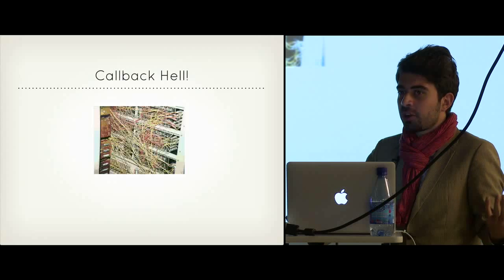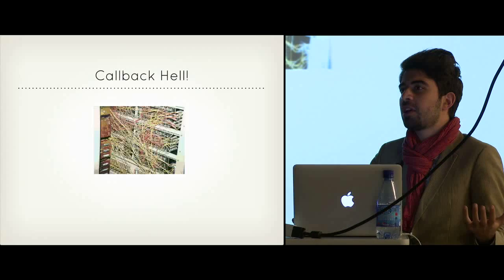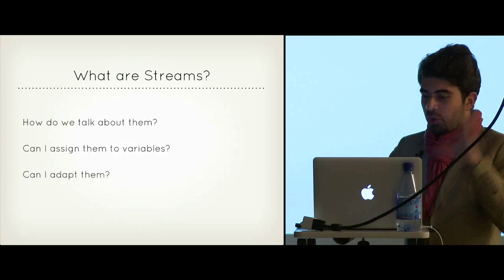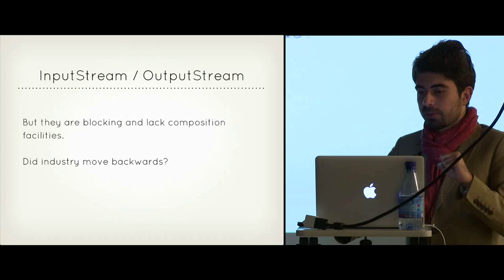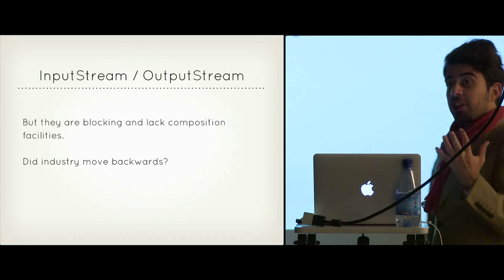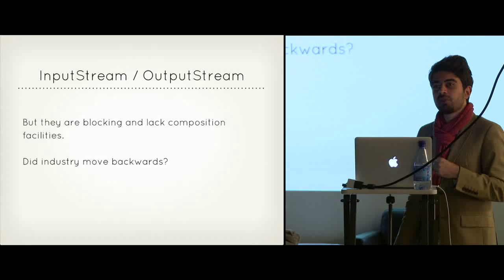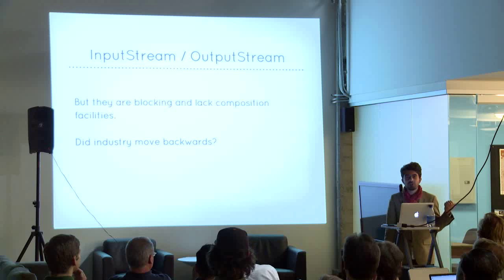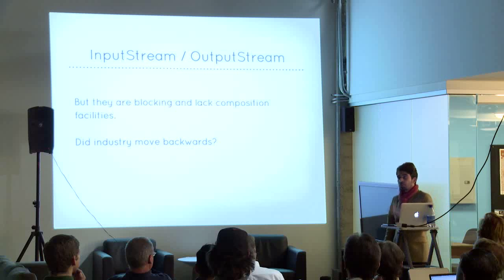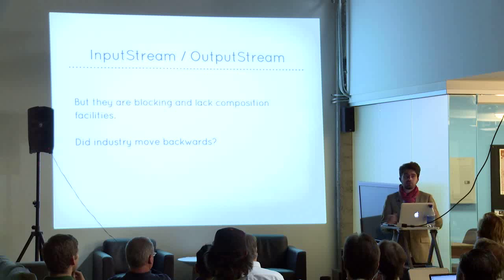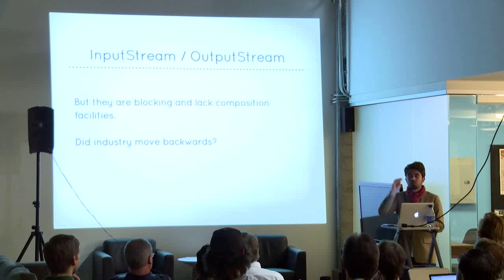We got a very powerful language, with a very powerful paradigm, and we want to use that. So we want to be able to manipulate streams. Something interesting: in Java, we did have something that represents streams. We got input and output streams. They were designed a lot of years ago, maybe 15 or more years ago, but they have some good things inside them, in that they represent streams.